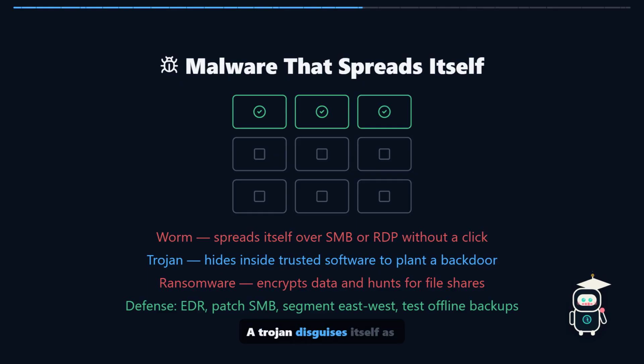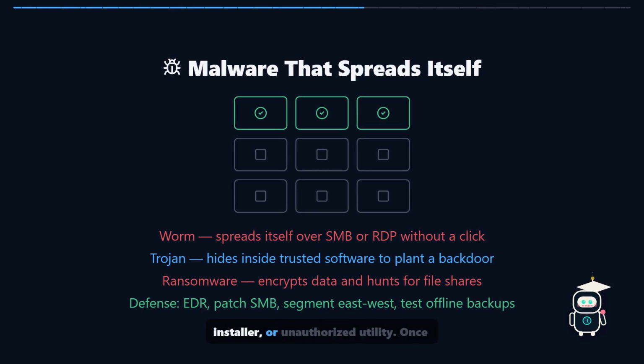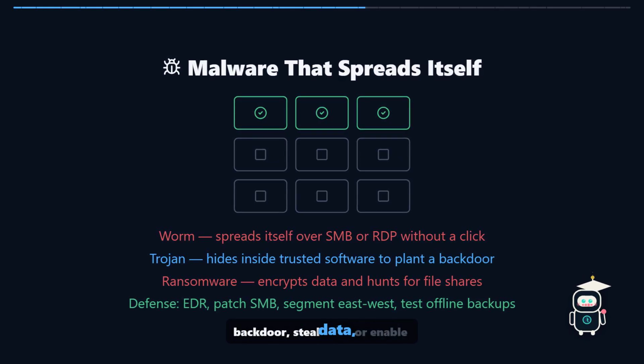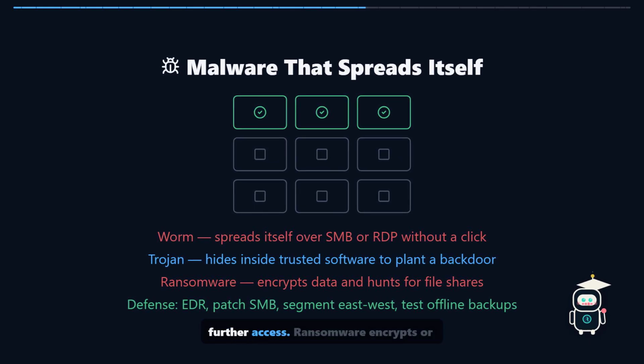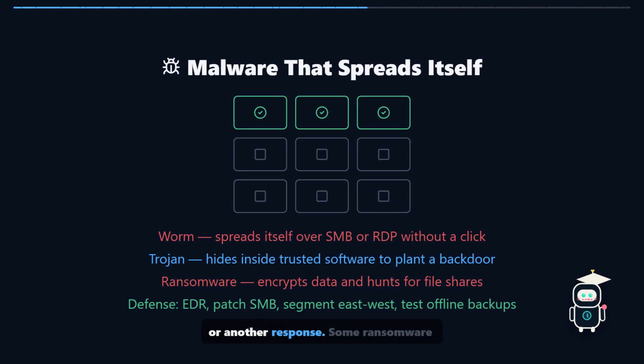A Trojan disguises itself as something the user trusts, such as a fake invoice, malicious installer, or unauthorized utility. Once executed, it may install a backdoor, steal data, or enable further access. Ransomware encrypts or disrupts systems and data to pressure an organization into payment or another response.